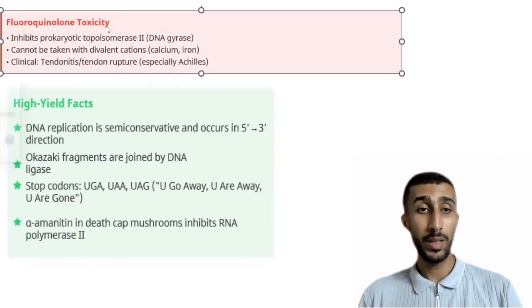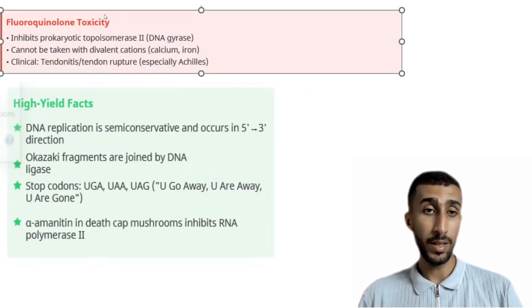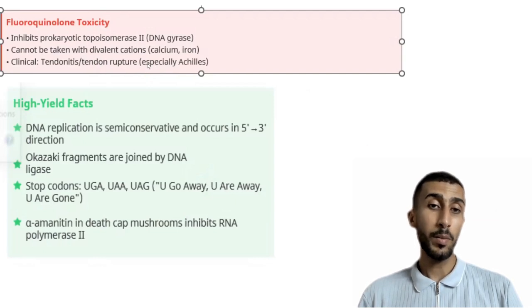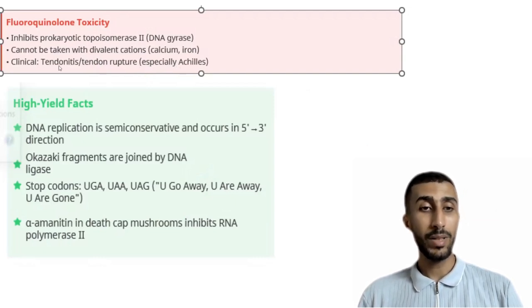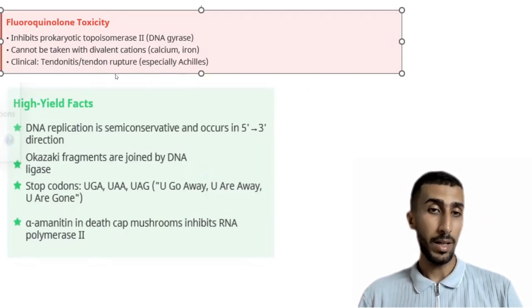Fluoroquinolone toxicity. The fluoroquinolone mechanism of action is the inhibition of prokaryotic topoisomerase 2. Remember, it is going to inhibit replication in these organisms. This is the way it fights bacteria, but it may have side effects by inhibiting eukaryotic cells. This way, it can cause tendonitis or tendon rupture by damaging our cells.